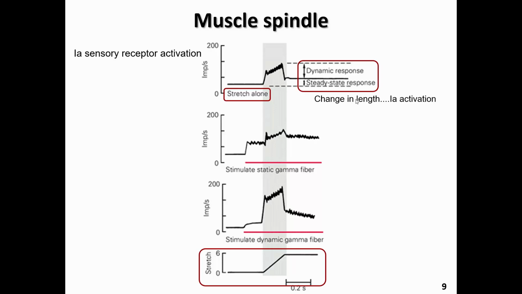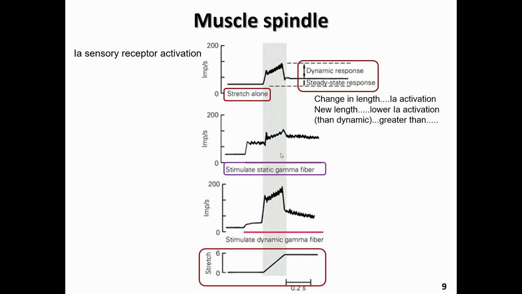So the change in length, this is a passive lengthening, does generate 1A activation, and at the new length, 1A activation is still elevated, but not to the same level. So even though the impulse transmission drops off very sharply, it's still greater than at the initial shorter muscle position. And again, remember, this is all passive stretching up here.